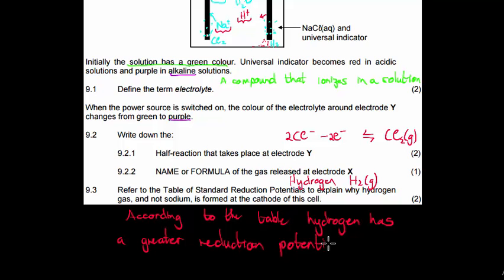Reduction potential talks about its ability. Potential is ability, its potential to be reduced. So hydrogen has a greater reduction potential than sodium, so it would get the electrons rather than sodium would.